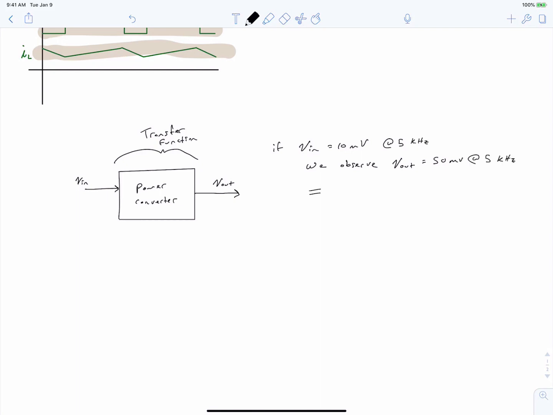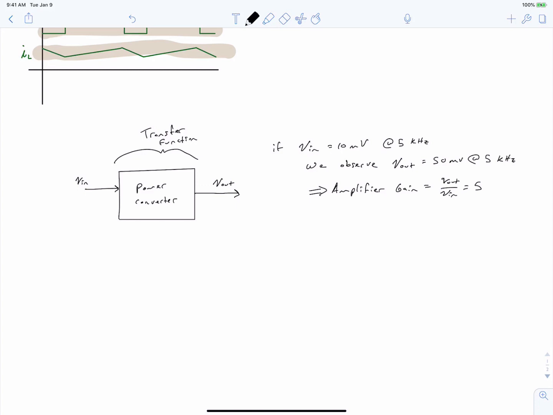So we can say that this transfer function is behaving like an amplifier because it amplifies our input voltage to a larger output voltage, and it has a gain equal to Vout over Vin, which in this case is 5. So 50 millivolts divided by 10 millivolts is 5.